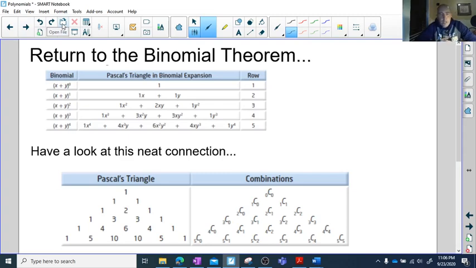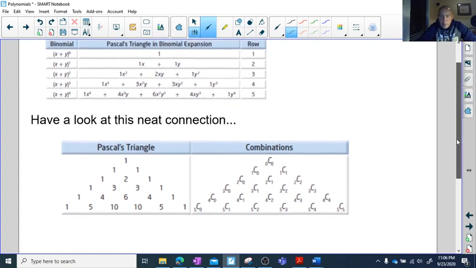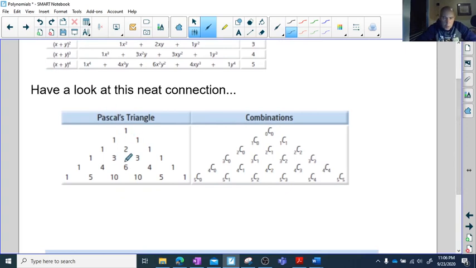All right, so our little side trip on some probability concepts is now over, and we're going to jump back to the binomial theorem. And we're going to show you a nice, neat connection that was made by mathematicians over time. Our first strategy was to use the triangle called Pascal's triangle.